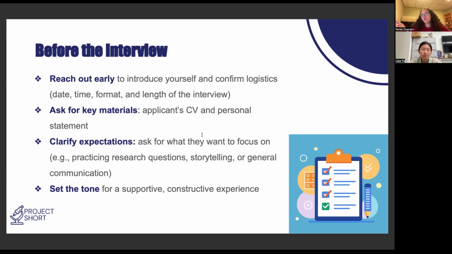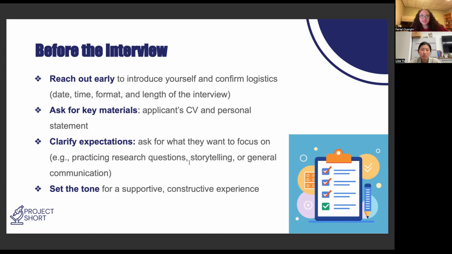Some other people might want to work on their storytelling or general communication. And the last thing I also recommend doing is to set the tone for a supportive, constructive experience. So just make it very friendly and welcoming to ease some of the stress that they might be experiencing.